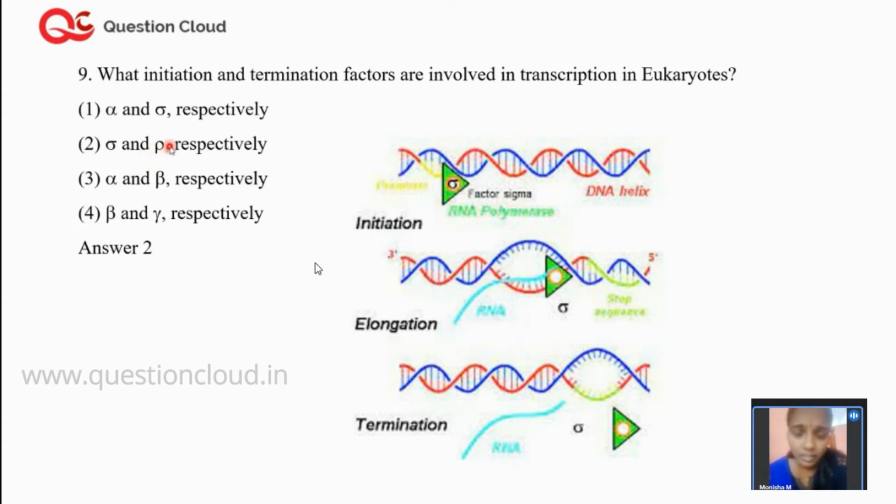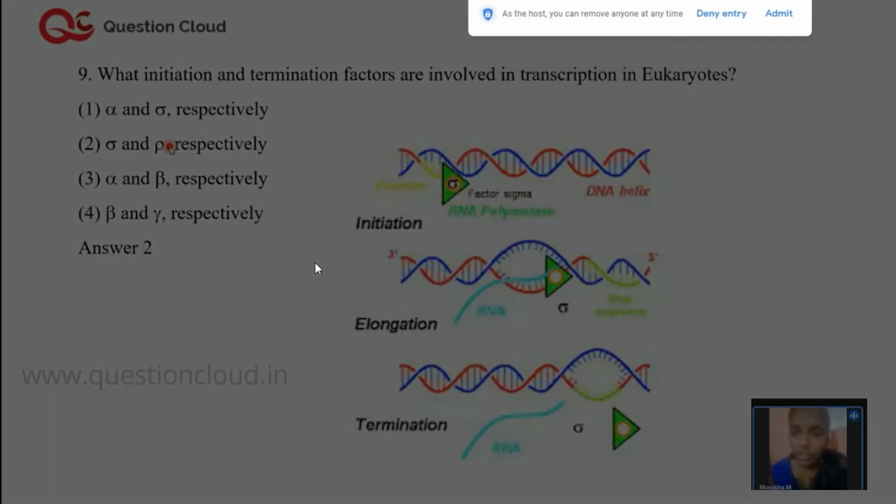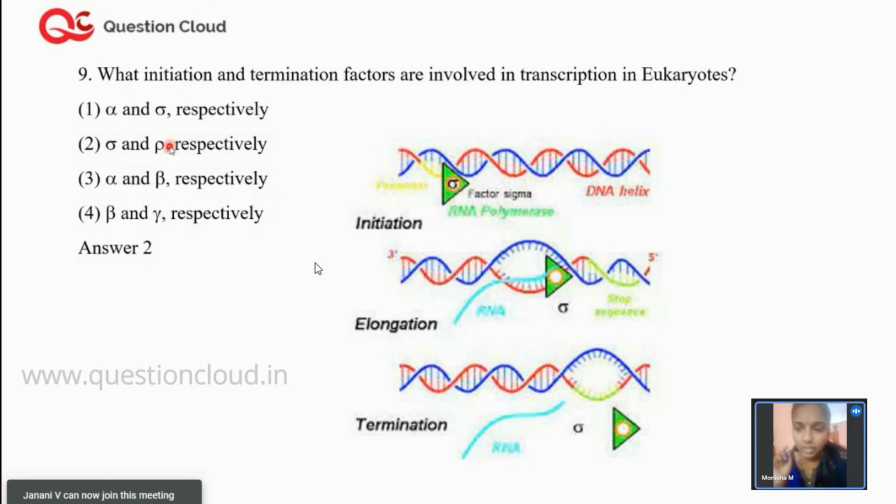Okay, and it's a Greek symbol. So rho is important for termination. Okay, so transcription is converting DNA into RNA, and this conversion requires three steps: initiation, elongation and termination. The factor used to initiate is called the sigma factor, and the factor used to terminate is called your rho factor. It's like a P symbol.